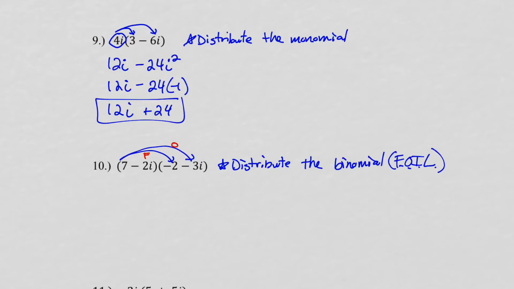Okay, so basically we're doing, let's see here, F. So 7 times negative 2, that's the first terms, that's negative 14. The outer terms is going to be negative 21i. And then we're going to go to negative 2i and distribute this over.